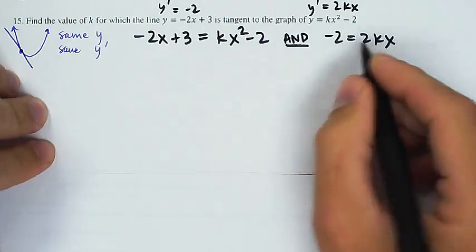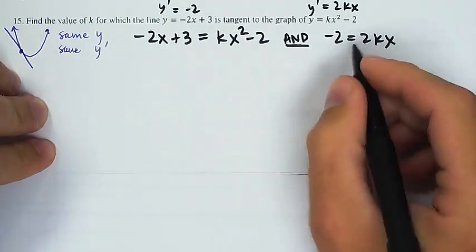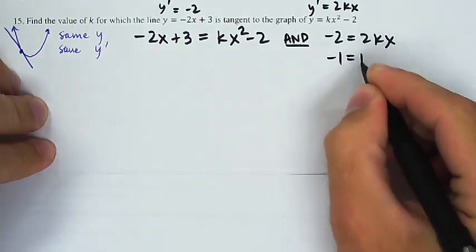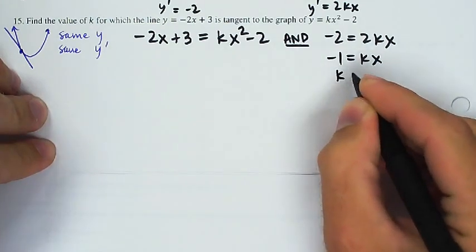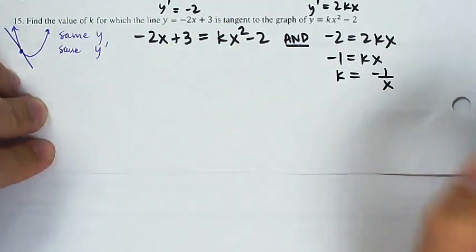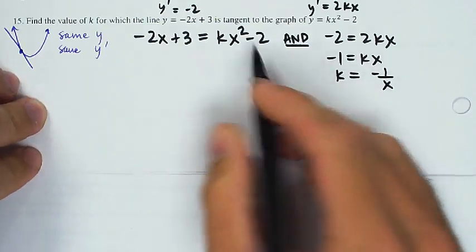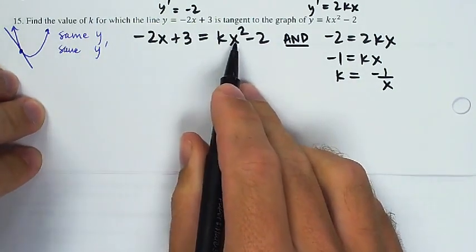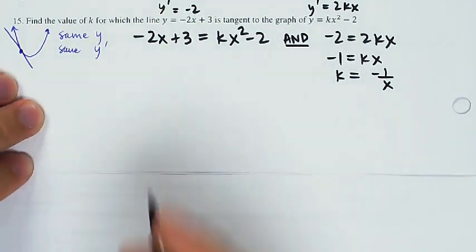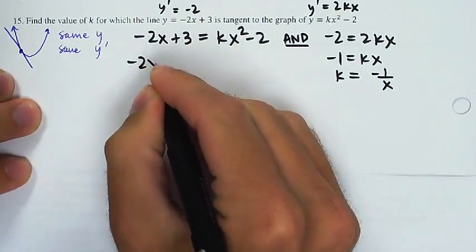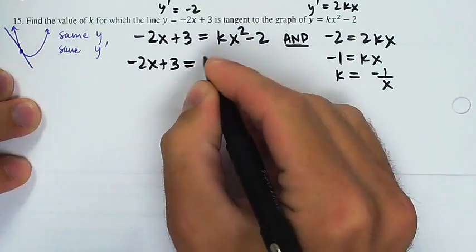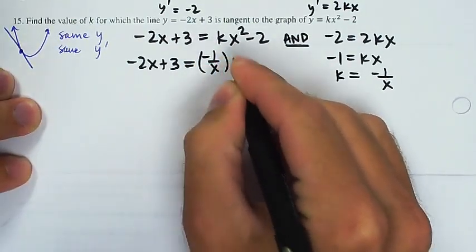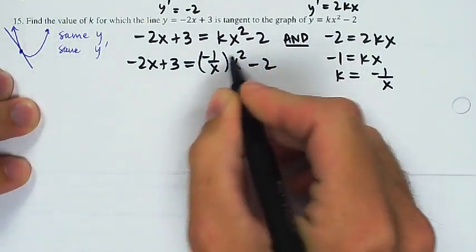First I'm going to divide both sides by 2. And so I'll have negative 1 equals k times x, meaning that k is negative 1 divided by x. And I think that's going to fit in nicely, because if I have negative 1 divided by x and I multiply by x squared, that'll work out all right. So now I have negative 2x plus 3 equals negative 1 over x times x squared minus 2.